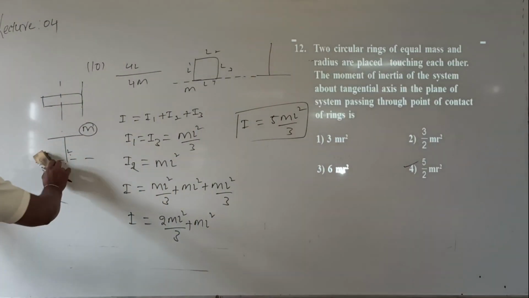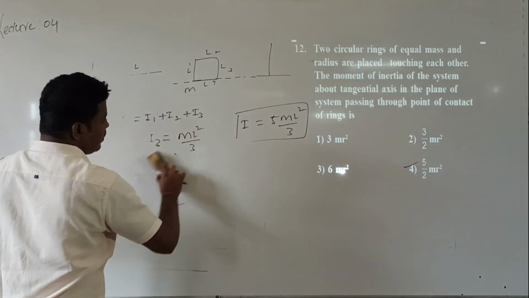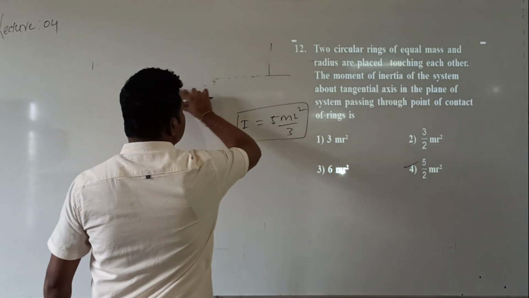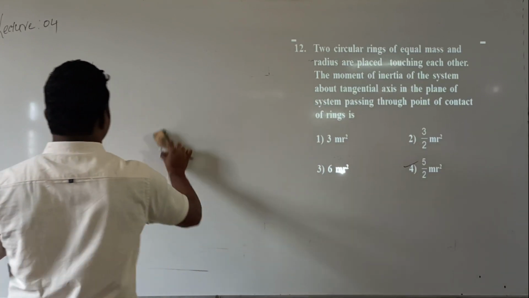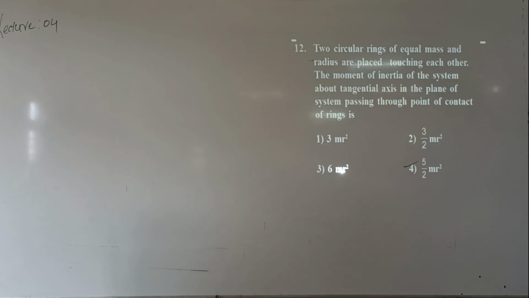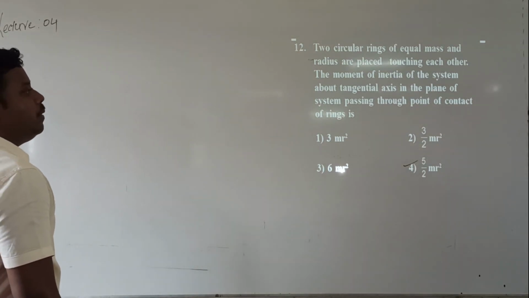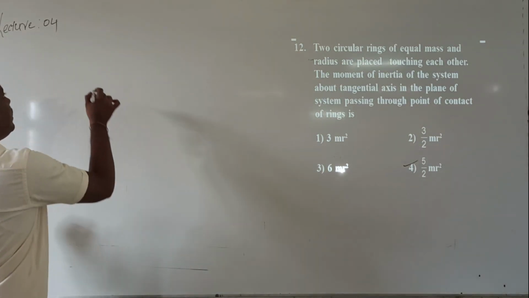Question number 12. So what is this question? Two circular rings of equal mass and radius placed touching each other. Find the moment of inertia of the system about a tangential axis in its plane passing through the point of contact of the rings.